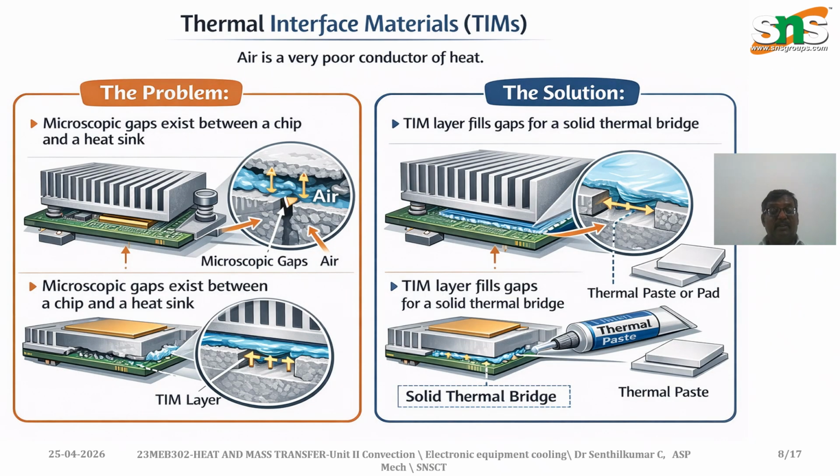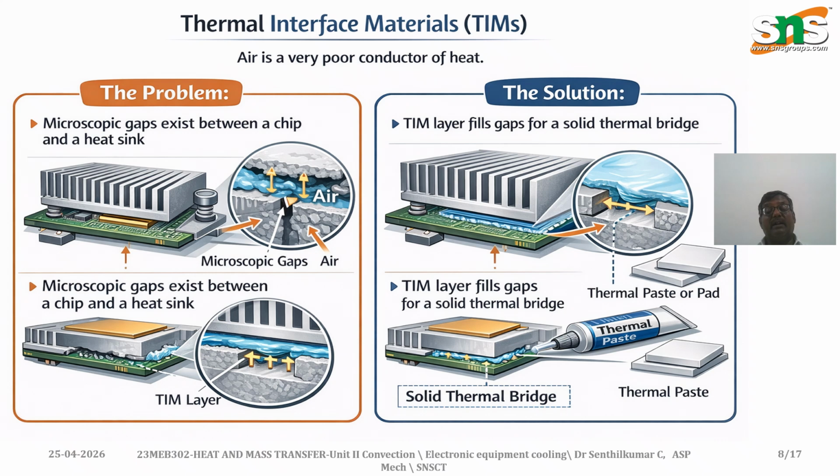Thermal interface materials, let me see. The problem is a microscopic gap exists between the chip and the heat sink. The heat sink shown in the diagram is focused here. This gap has to be released using a mechanism or fluid or material, whichever we have chosen. The solution is a layer filled in the gap.